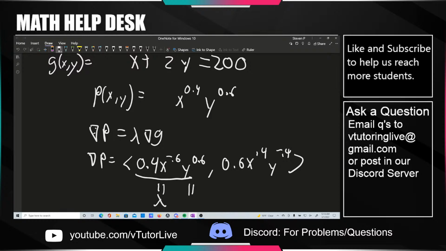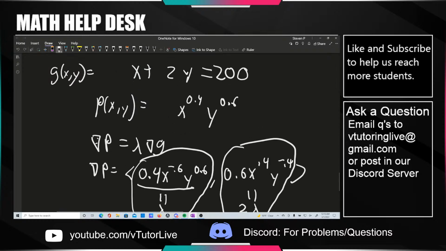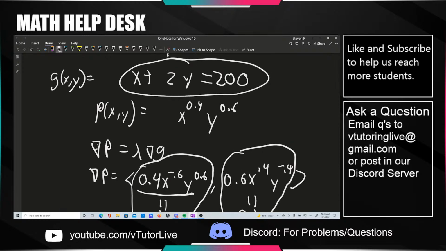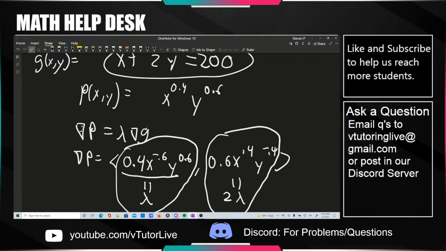And then you set this other one equal to 2 lambda, because the partial of g with respect to y is just a 2, and then you multiply that by lambda. I wrote it a little bit funny this time because I'm being lazy, but this is your first equation, this is your second equation, and again, we have our constraint. The idea is you're just going to try to solve for everything here.